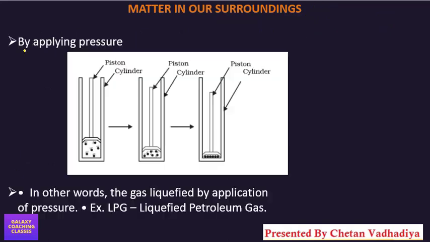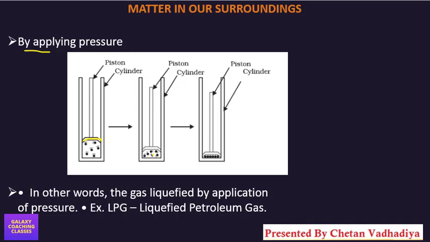So let us start. By applying pressure: you can see I had taken some gas inside a cylinder and a piston. You can see this is the piston. Now give pressure to this piston. What will happen? This piston will give pressure on the gas.